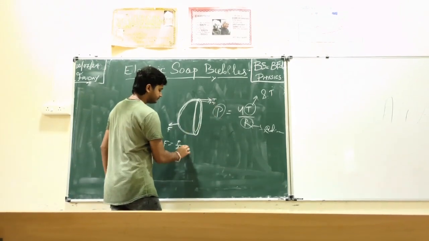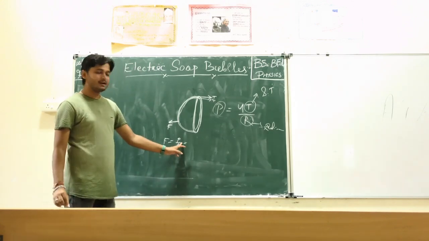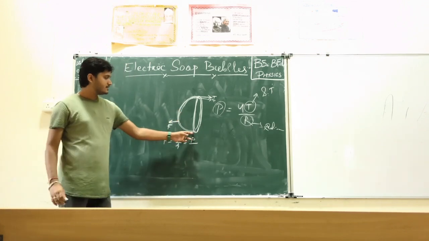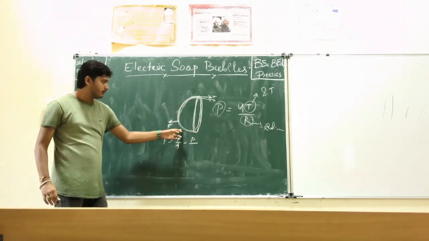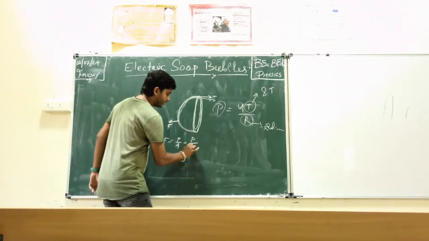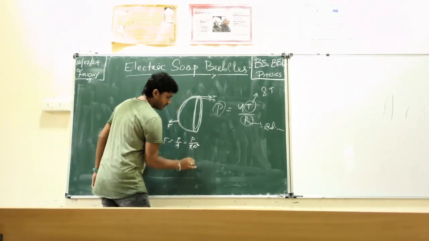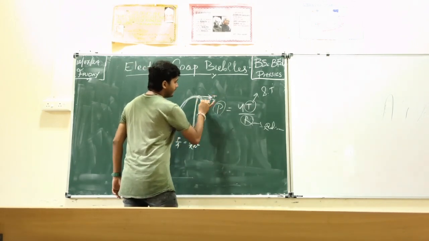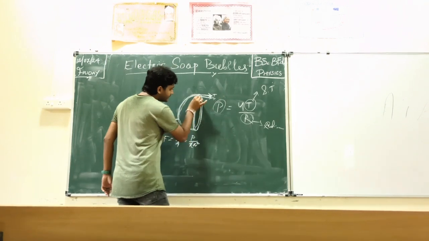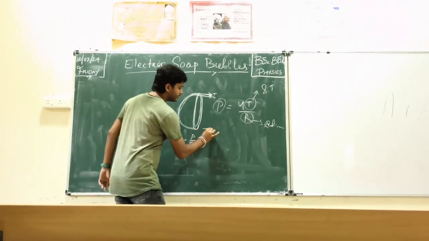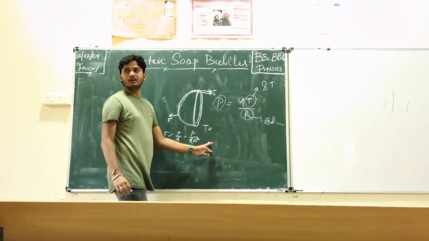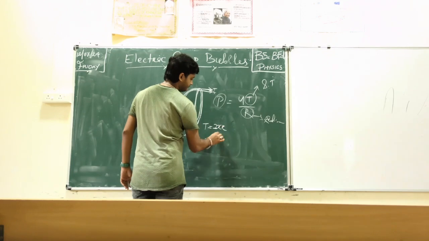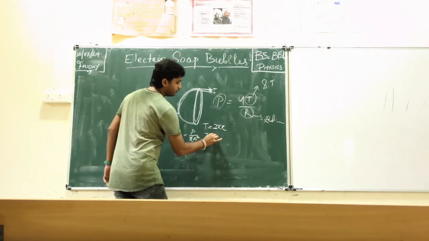So pressure upon area. How much area? This is a circle, outer circle, pi r square. And this is tension. Tension acting on the first surface and tension acting on the second surface, means the inner surface. So tension is how much? 2 pi r. And this tension also 2 pi r.